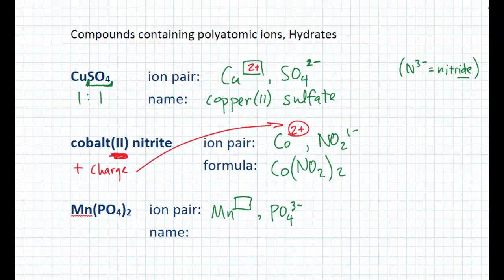So what should I put in the box? I should put 6 plus in the box. And I should call this what? Manganese VI phosphate.